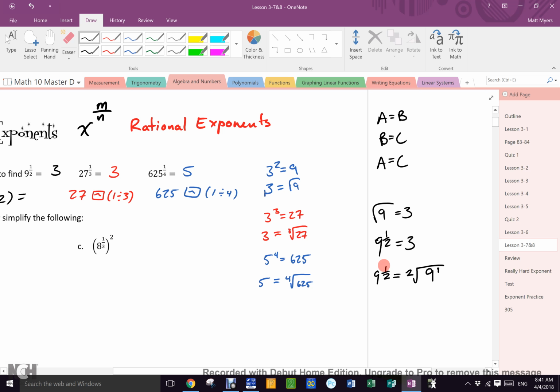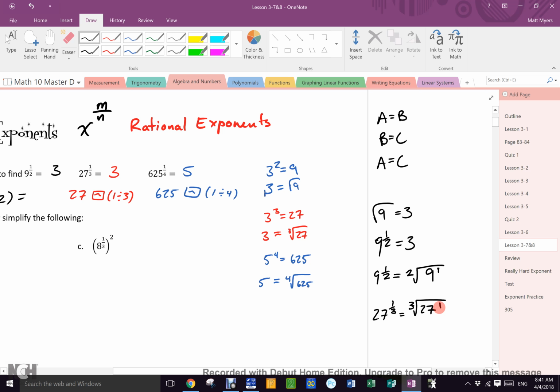If it happens in math once, how often does it happen? Every time. So, 27 to the 1/3 must equal the cube root of 27. Please notice the denominator becomes the index, the numerator becomes the power.